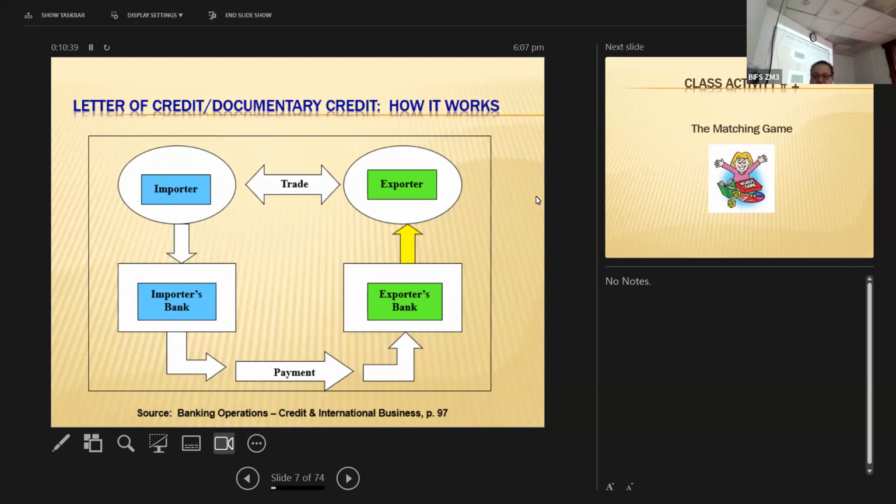The importer goes to their bank and sets up a payment mechanism, the letter of credit, so the funds go to the exporter's bank. The exporter will release the goods because if they do not get payment directly from the importer, they can call on the bank and get paid. And normally, some businesses will allow you 30 days, 60 days, up to 90 days to pay a debt.